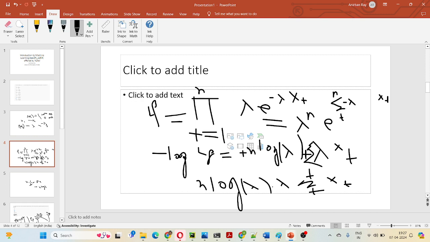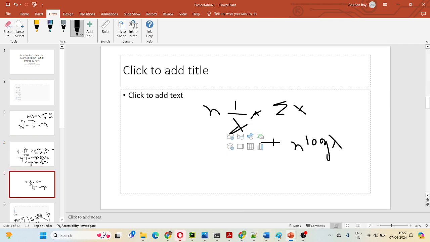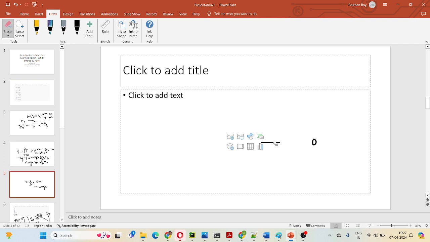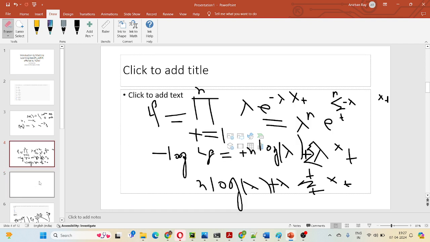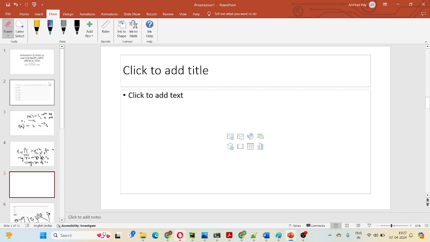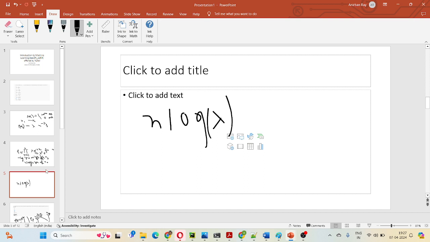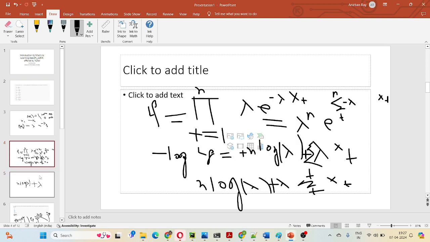So now this is n log lambda plus lambda times summation over x_t.